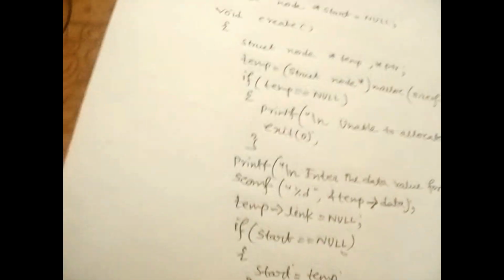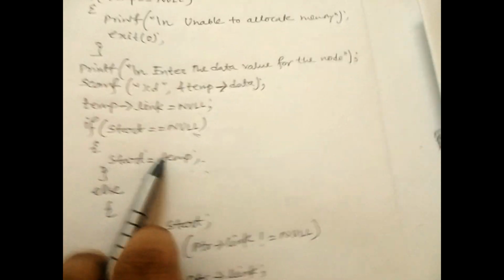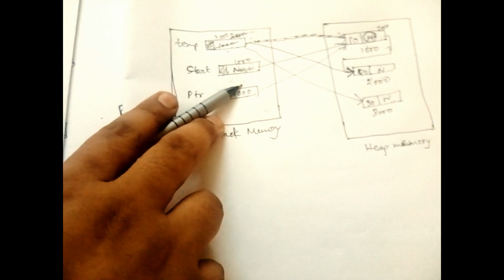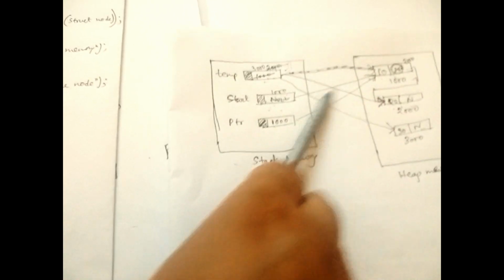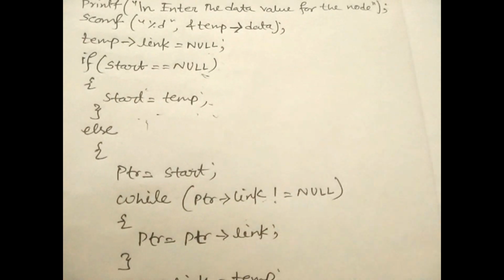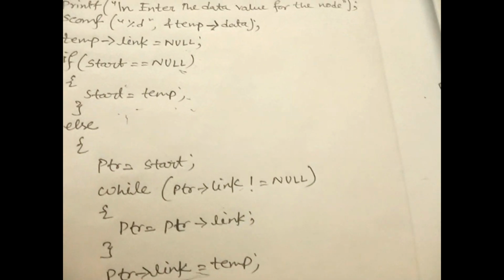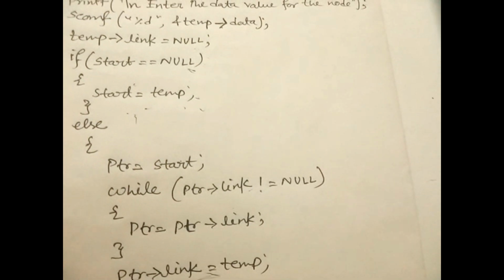Now we check start equal to null. The condition is not satisfied because start equal to 1000. Start points to the address of the first node. Clear? So start equal to 1000. Go to the else part. ptr equal to start. So ptr equal to start means ptr equal to 1000.